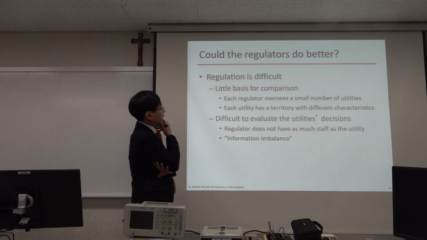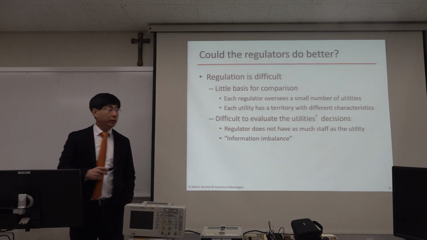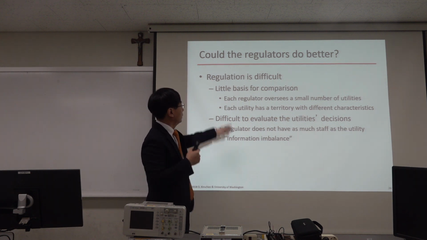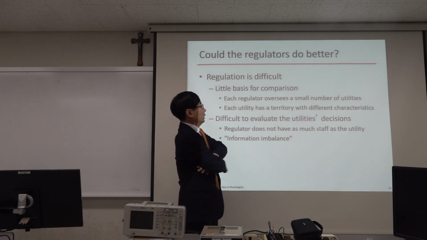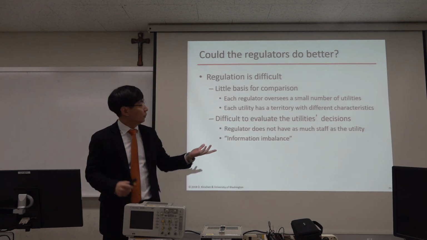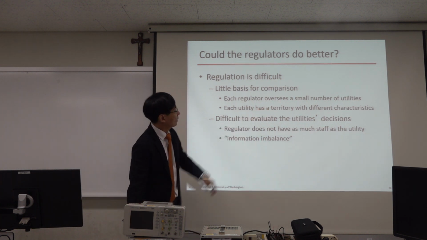Actually, regulation is difficult, and the first reason is that there is little basis for comparison. That means each regulator oversees a small number of utilities. This oversees means supervise. This is different from overlook, the English word, okay?